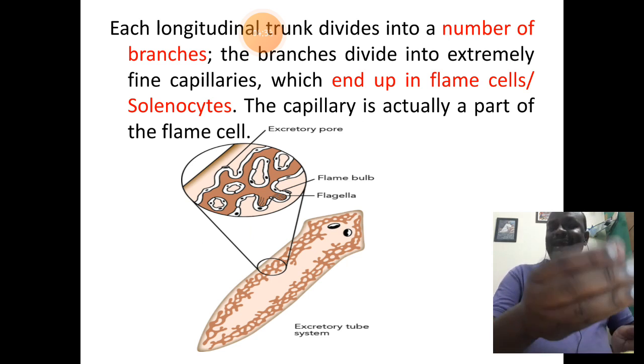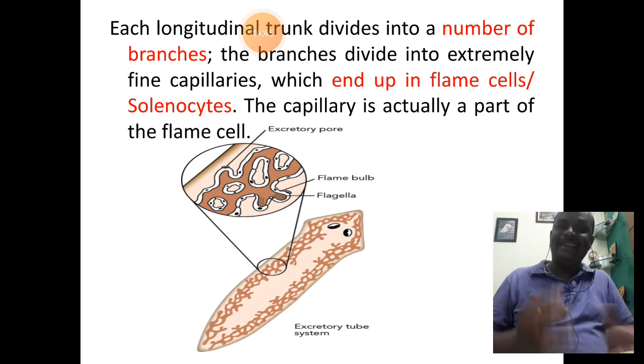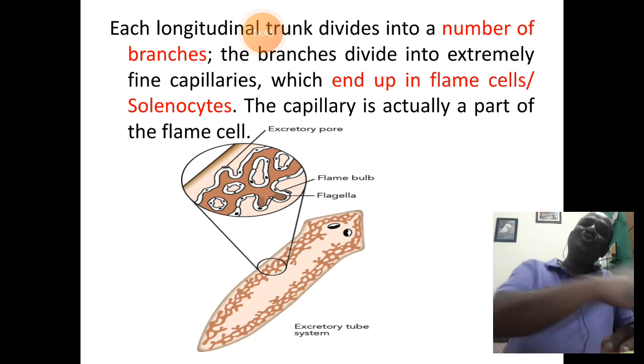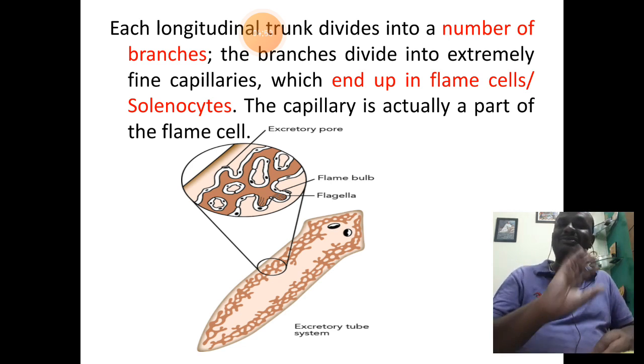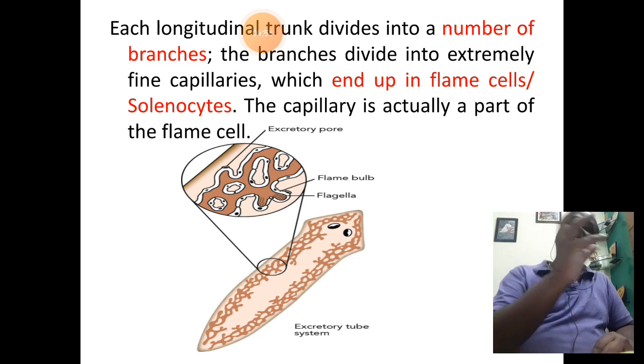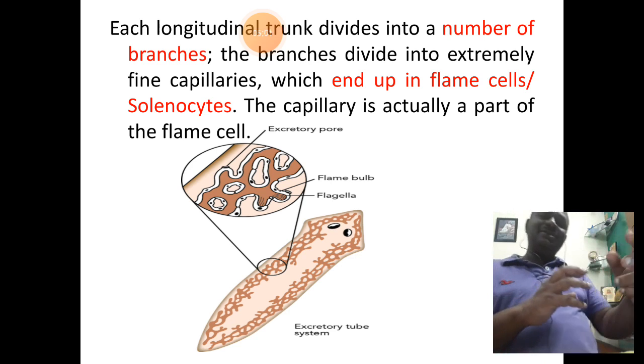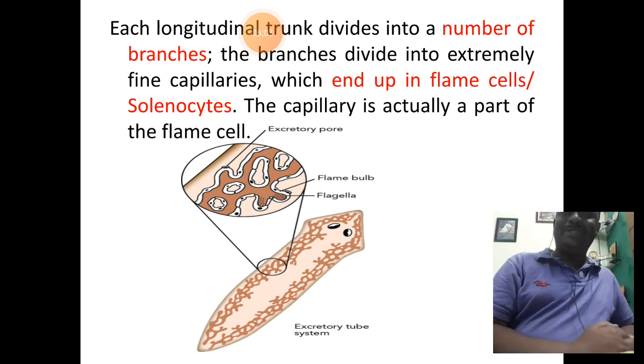Now, as I have told you earlier, this longitudinal trunk divides into a number of branches. Some branches move towards the inner body parts, some move towards the outer body part. The one which moves towards the inner body part will show ending, at the end, the structures called flame cells or solenocytes.